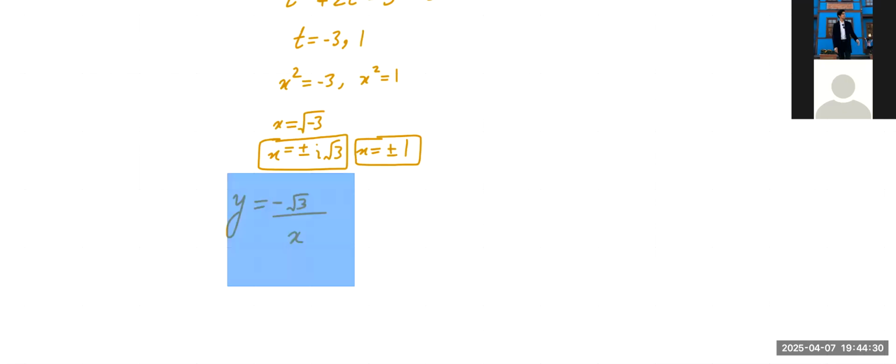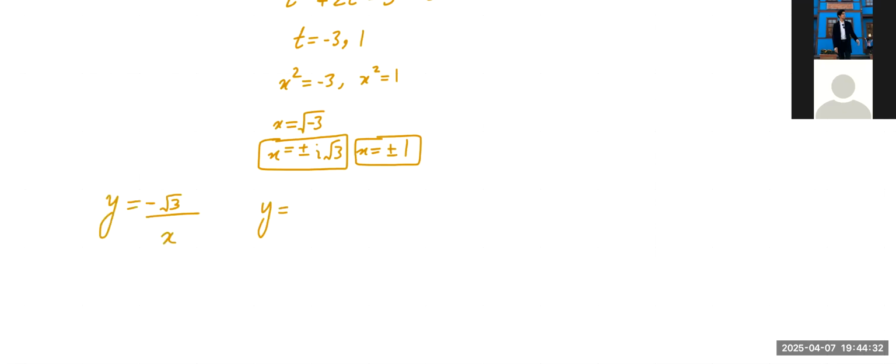The first choice is minus root 3 over I times root 3, or plus minus I times root 3, which means that the root 3's cancel out, gives you negative 1 over plus minus I, which basically, so if you think about this, you have minus 1 over plus I and minus 1 over minus I. So if you think about it, it's essentially negative of 1 over I or positive of 1 over I.